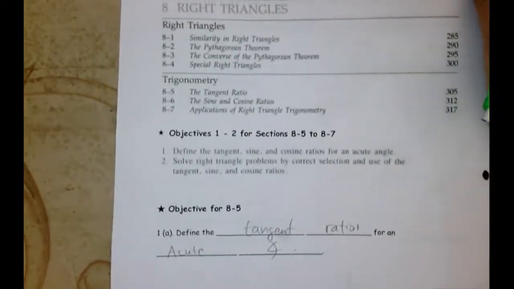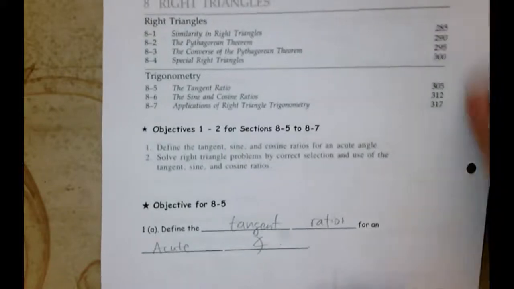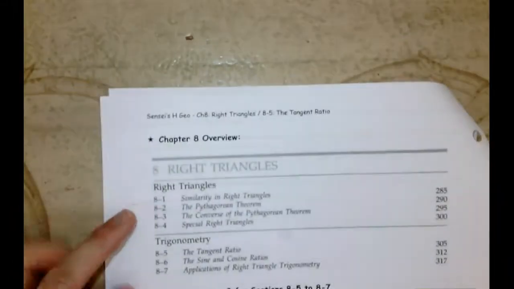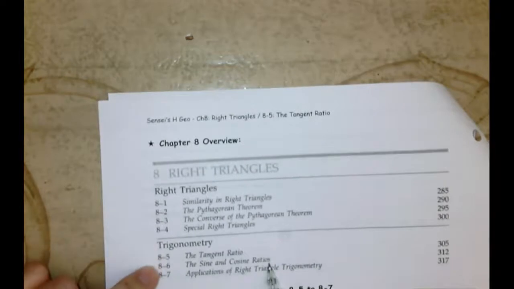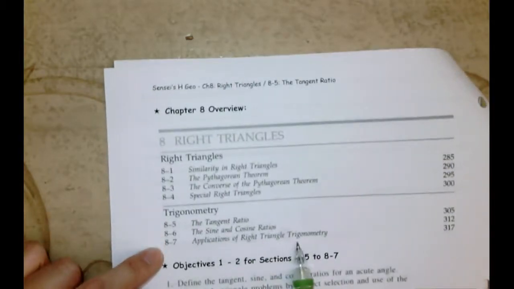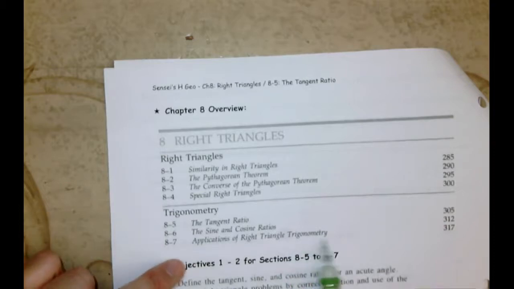But here, you are only dealing with acute angles. Oh, and sine and cosine are in 8.6. Then we do applications of right triangle trigonometry, which is more about real-world situations and how to use these ratios.